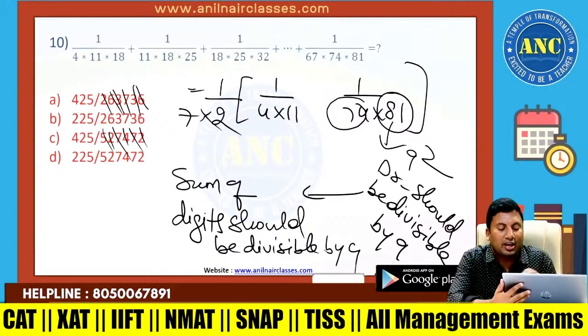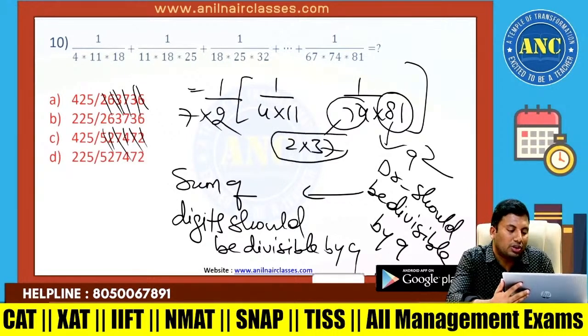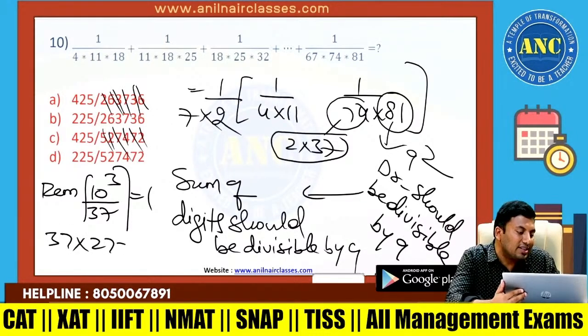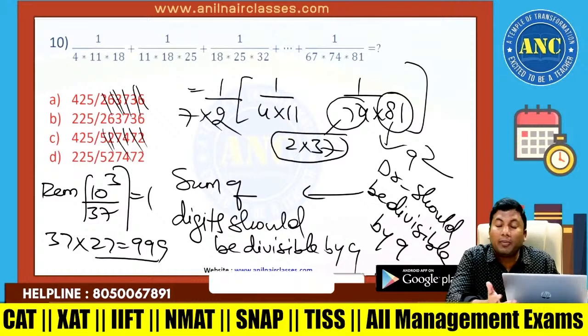Next one, 74. 74 is nothing but 2 into 37. Remainder 1, 10 cube by 37 is 1. 10 cube is 1000. 37 into 27 is 999. So remainder 1.